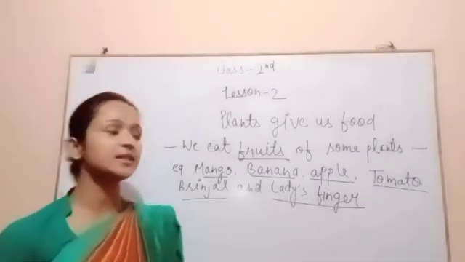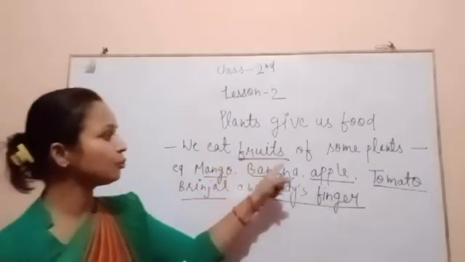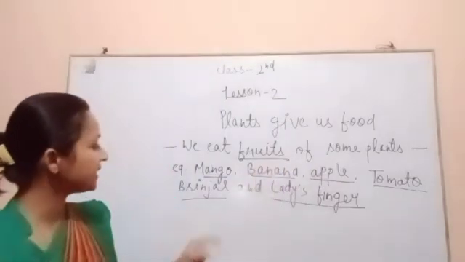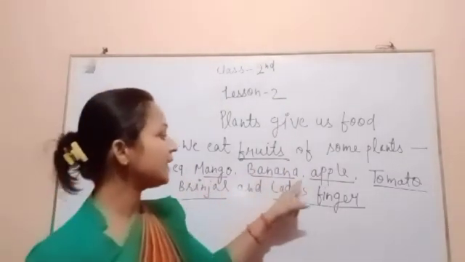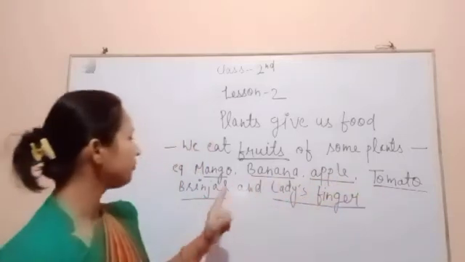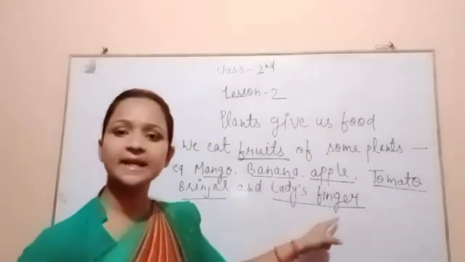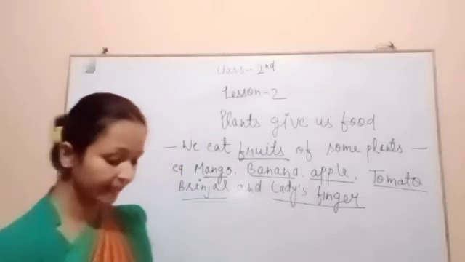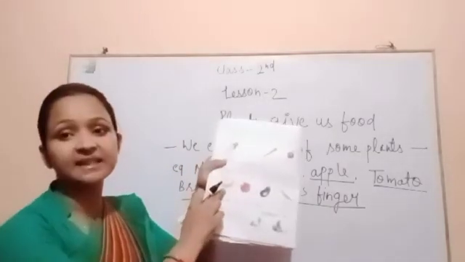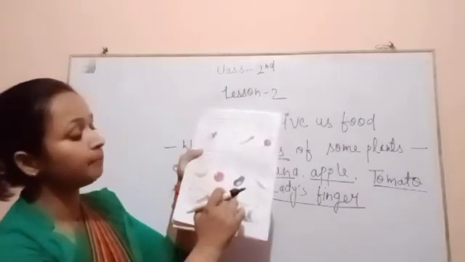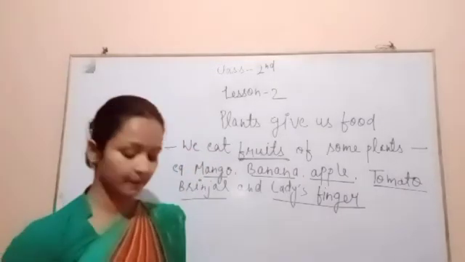I think all of you understood. We eat fruits of some plants. Examples: mango, banana, apple, tomato, brinjal and lady's finger. Banana is given in the book.